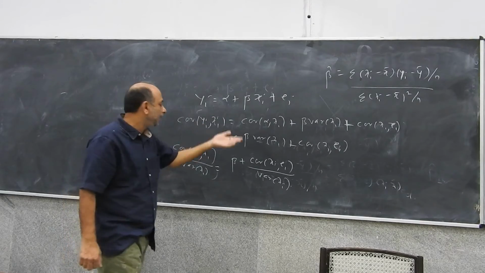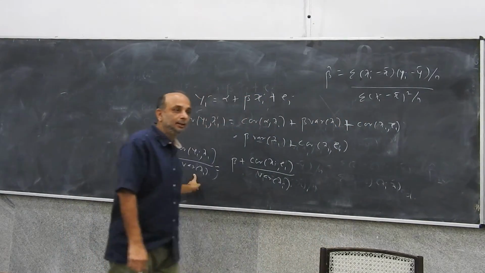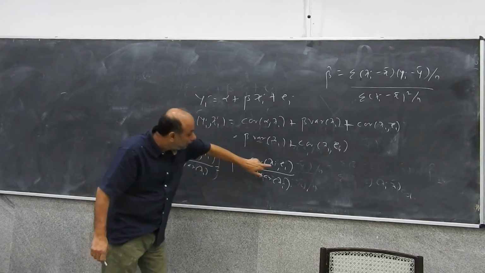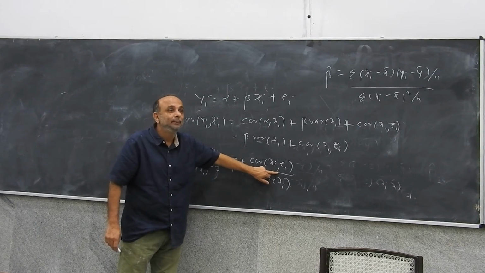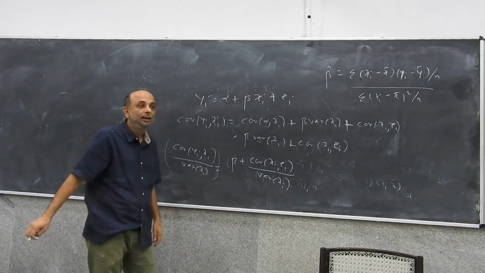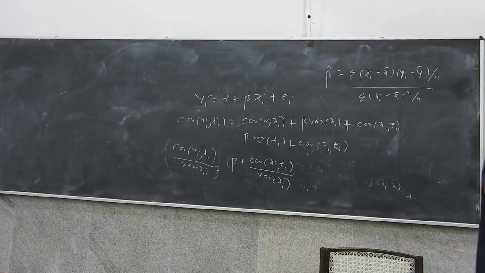As n becomes very large, where does the denominator go to? This. Right. So this quantity is actually beta plus something. So therefore beta hat is not a consistent estimator of beta, but it's a consistent estimator of beta plus covariance xi ei upon variance of xi. And we never know what is covariance xi ei because ei is by definition an unobserved term.